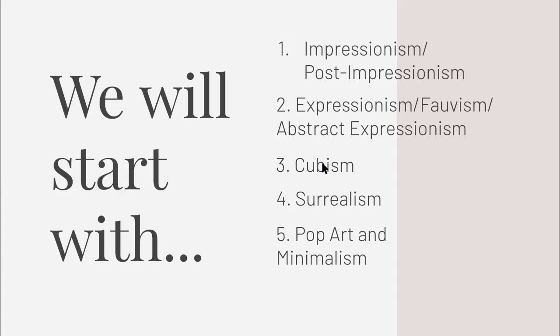On Tuesday, we're going to talk about the next style: Expressionism, Fauvism, Abstract Expressionism. On Wednesday, we're going to discuss Cubism. On Thursday, we're going to talk about Surrealism. And on the fifth day, we're going to focus primarily on pop art. If we have the opportunity to discuss minimalism, we will.